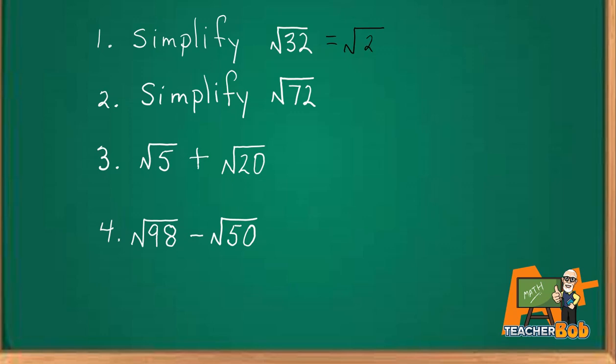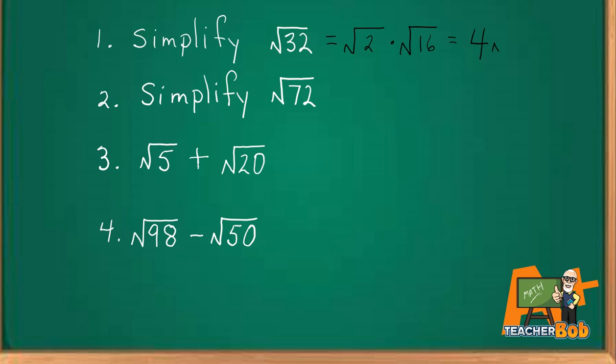So the square root of 2 times the square root of 16 is equal to the square root of 32. And the square root of 16, well, that's 4 times 4 is 16, so we can take that square root and just call it 4.